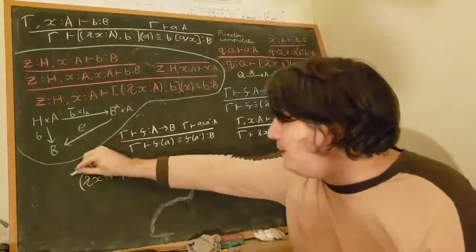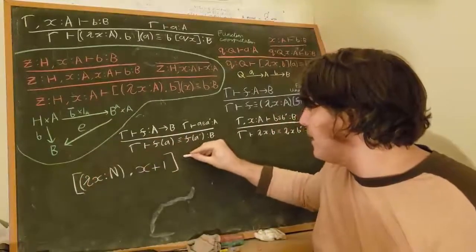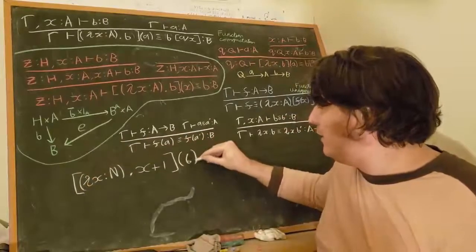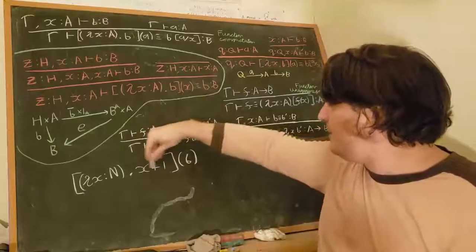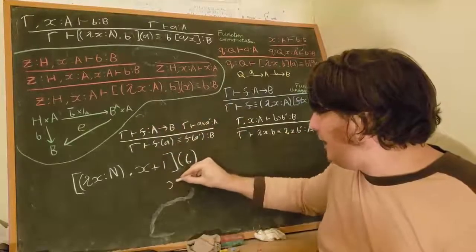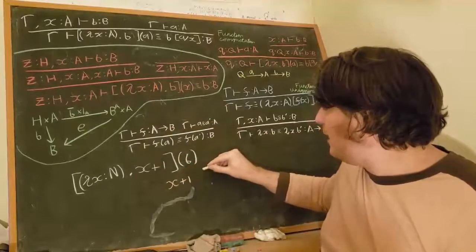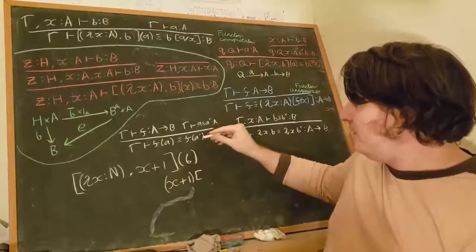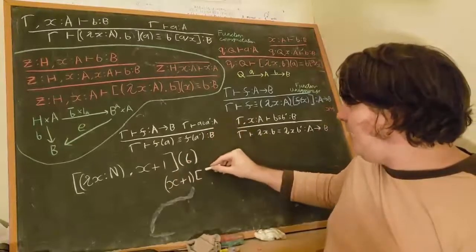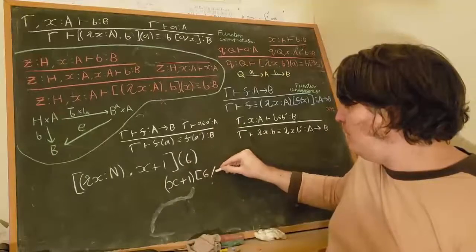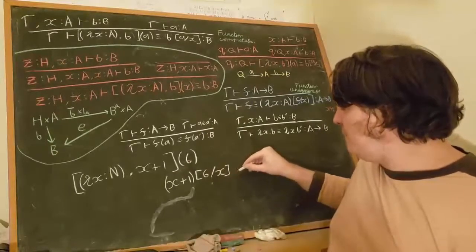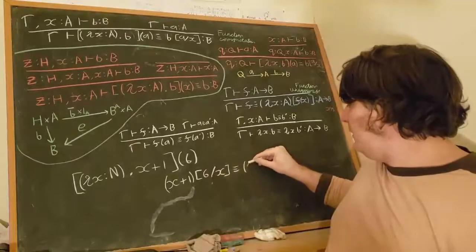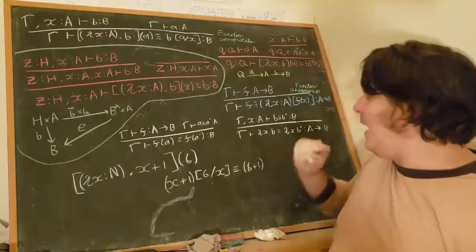So if we want to operate this with an input, so let's say 6, the way we do it is we take this term here, so that would be x plus 1, and we get that term and we replace the x with our input. So we replace each x with a 6, and that gives us 6 plus 1, which is going to be our output.